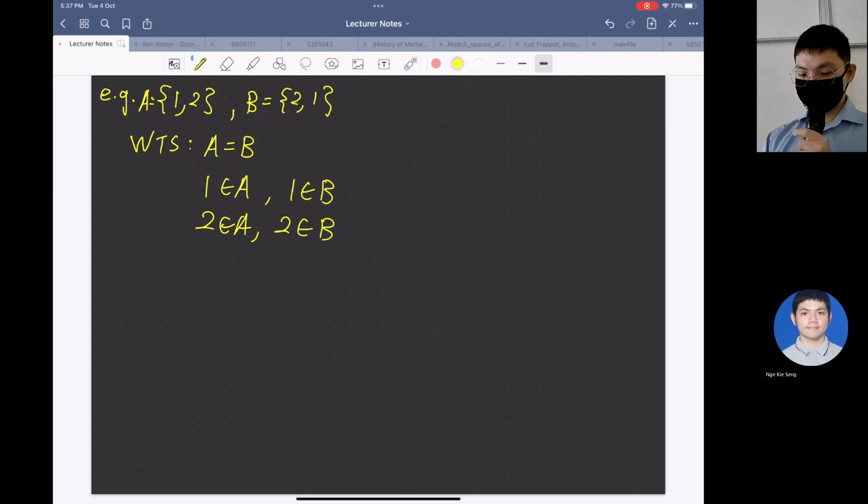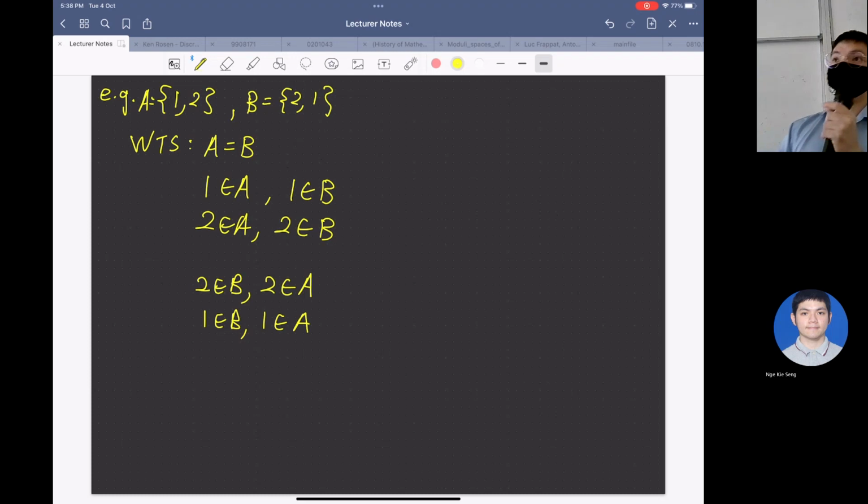Yes. And then also I need to check, 2 is in B, is 2 in A? Yes. 1 is in B, is 1 in A or not? Yes. So they are equal.